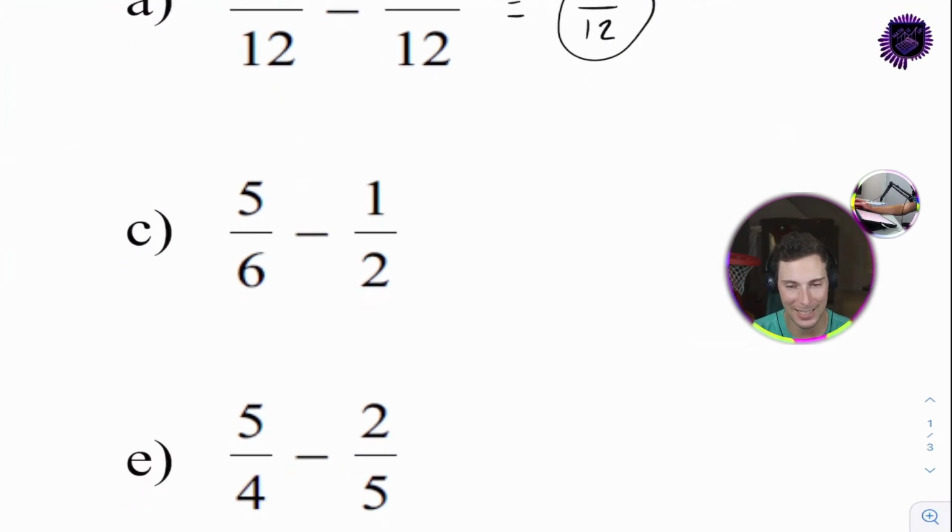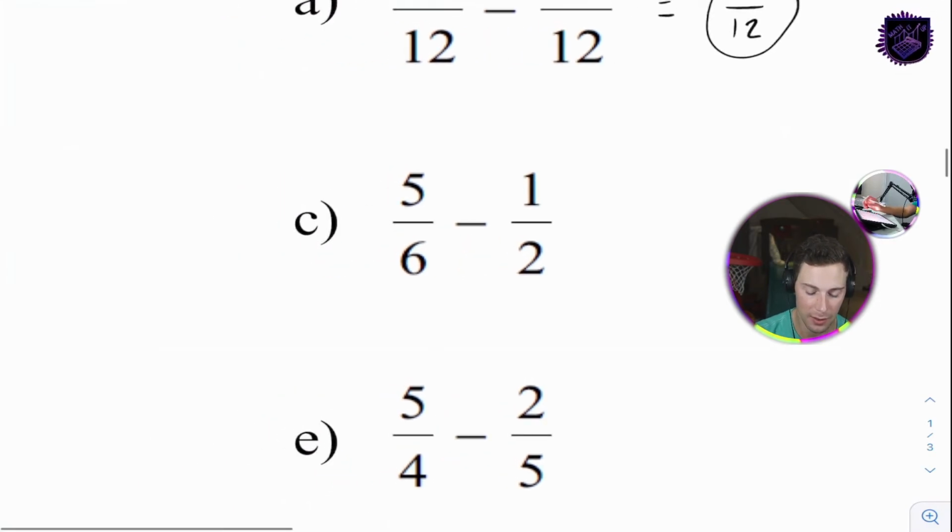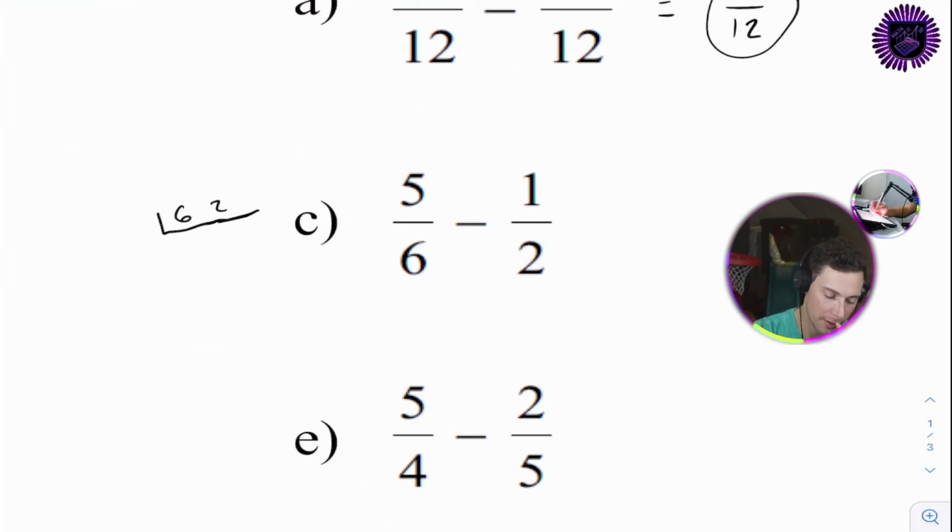So 5/6 minus 1/2. Now, in this one, we realize 2 and 6 have some common factors. So we can cheat a little bit. We don't have to cross multiply. There's a common multiple that's lower than multiplying the two denominators. We can find that common multiple with our ladder method, or you can just figure it out if you know it.